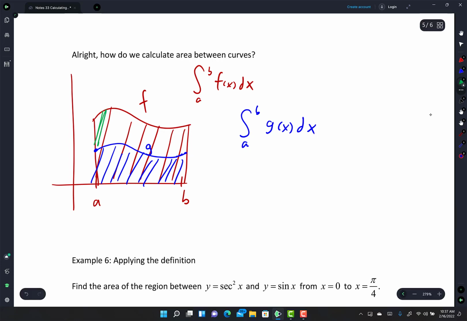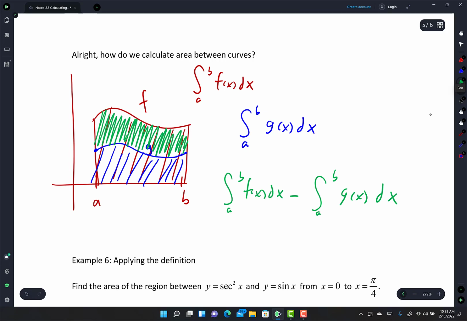Okay, and I'm going to change my color again. I want this in green. How do I get that area in green? If you choose, you can do the integral from a to b of f of x dx minus the integral from a to b of g of x dx.